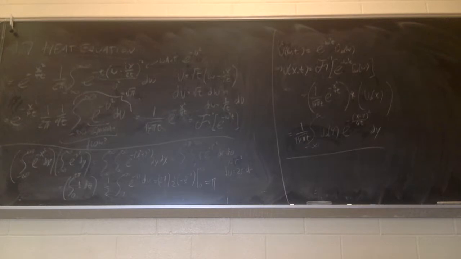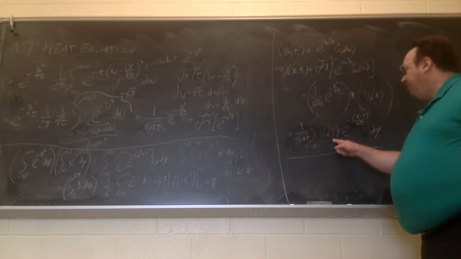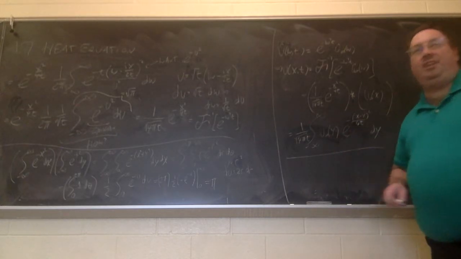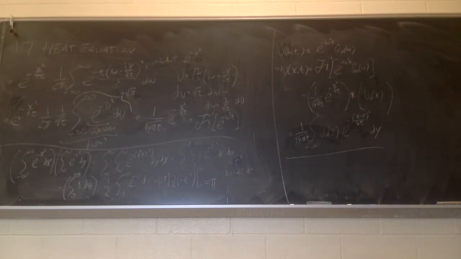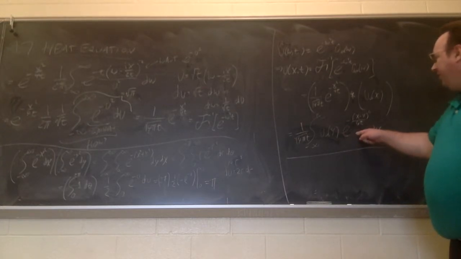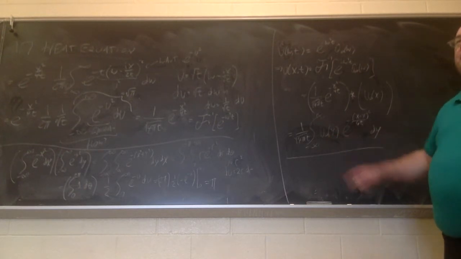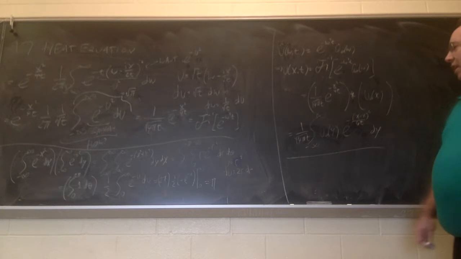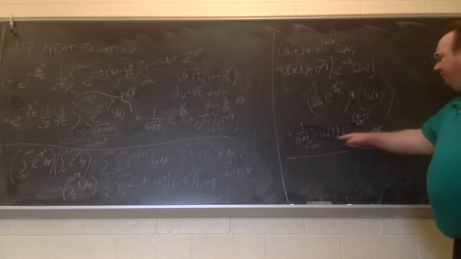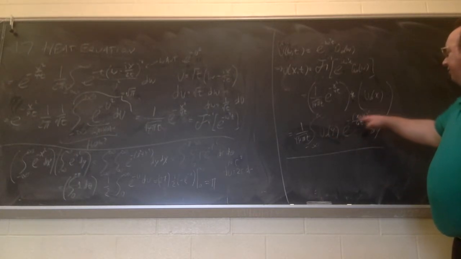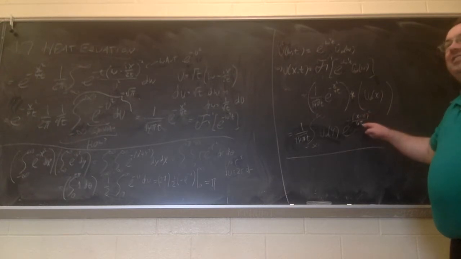Now, I want to explain how you would interpret this physically. Whenever you take the convolution of some function with a Gaussian, it has the effect of smoothing that function out. Because what this integral is doing is like taking a weighted average of values of u naught, where the value that plays the largest role is when this exponent is 0, so at x.